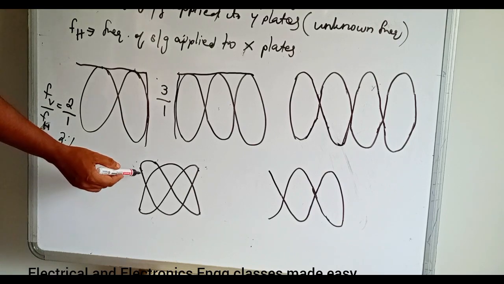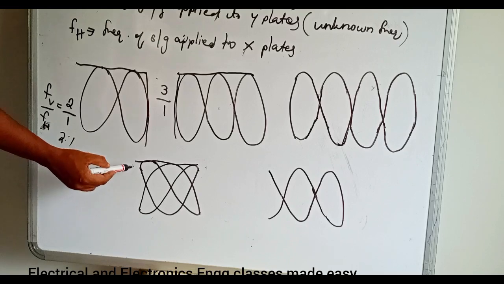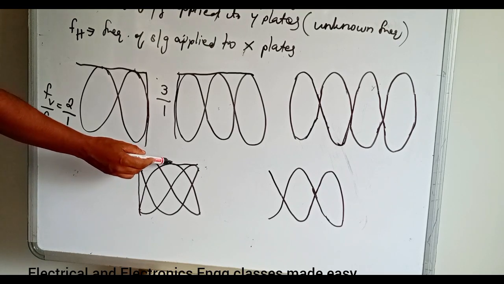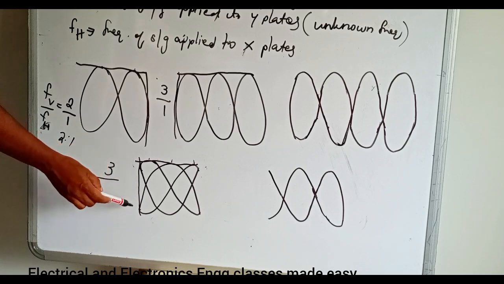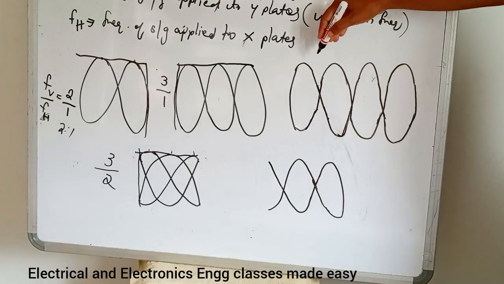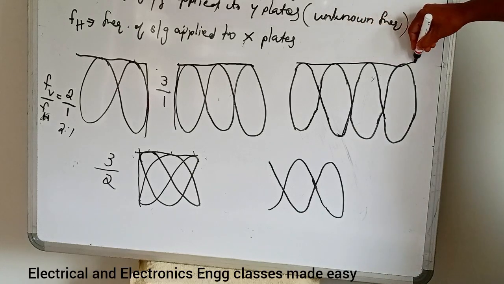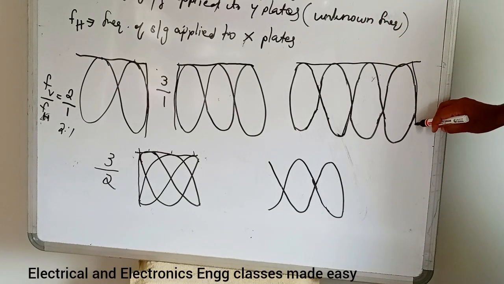And in this case, draw the tangents. Here also draw a tangent. So here 1, 2, 3. So 3 is the upper tangents. Then here 1, 2. So this is 3 divided by 2, or 3:2. Then here also draw a tangent. Either side you can draw the tangent.